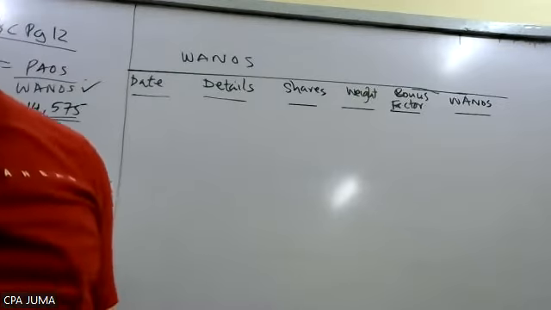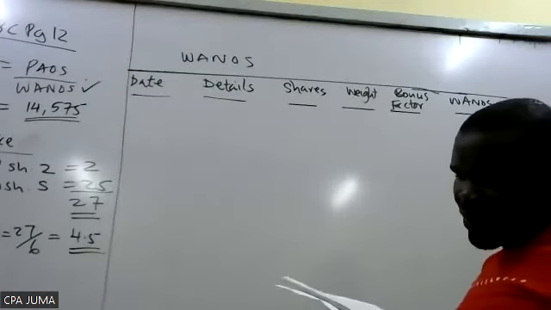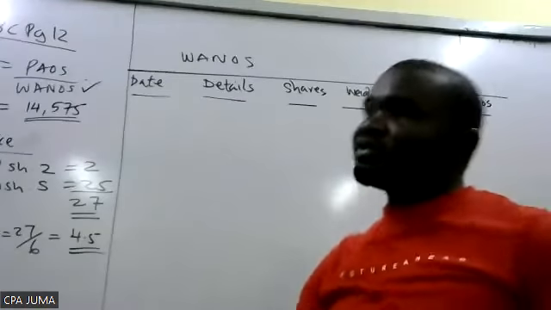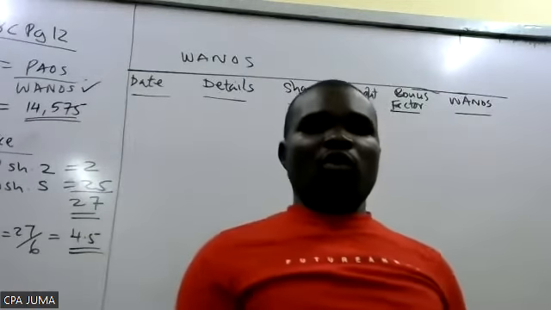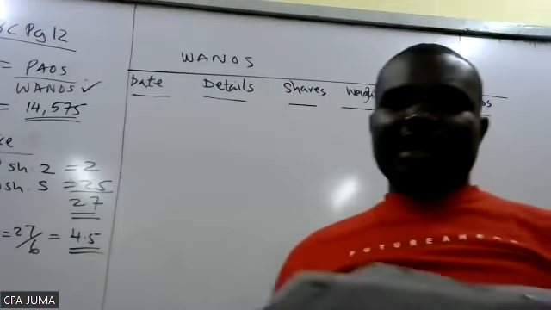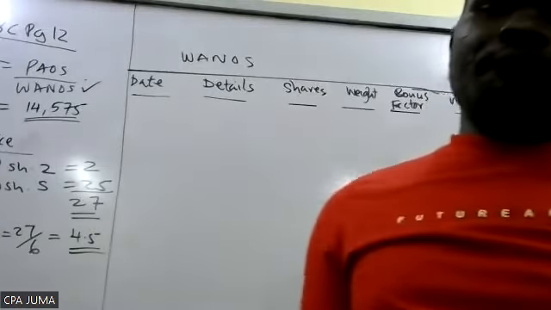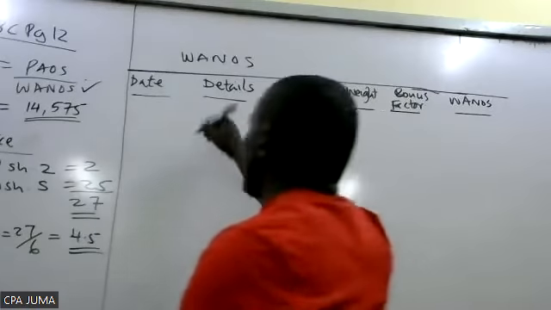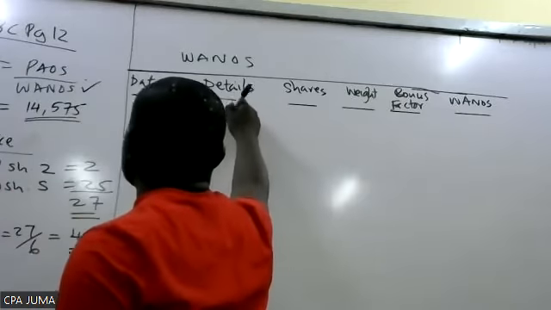So we start. Always start at the beginning of the year. The year here which we are required to compute ends on 30th September 2021. When should it start? That year starts when, student? It ends on 30th September, so it should commence when? It should start on 1st October 2020, correct? So 1st October 2020, balance brought down.